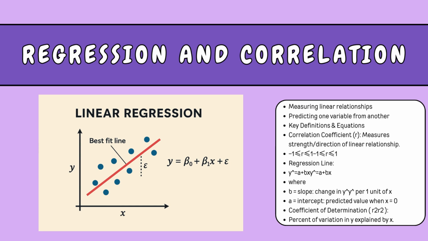The b variable would stand for slope, a would be the intercept, and the r squared would be the proportion of variation explained. So the regression line would be y equals a plus bx, and then that would be our line.